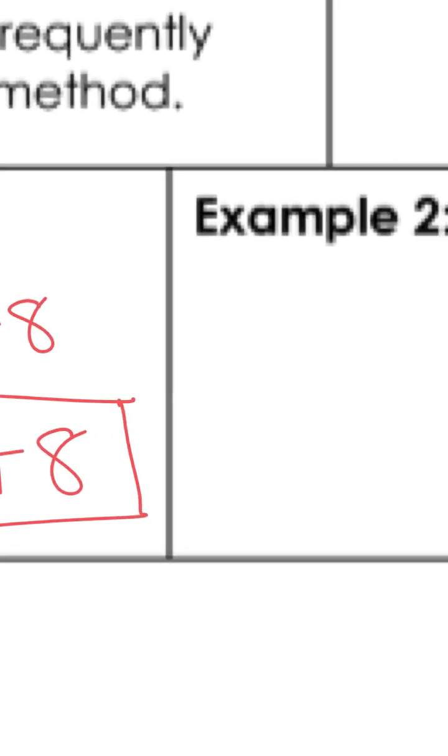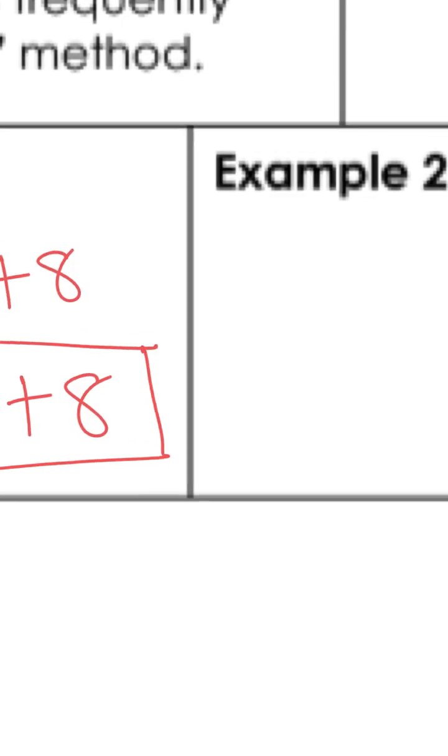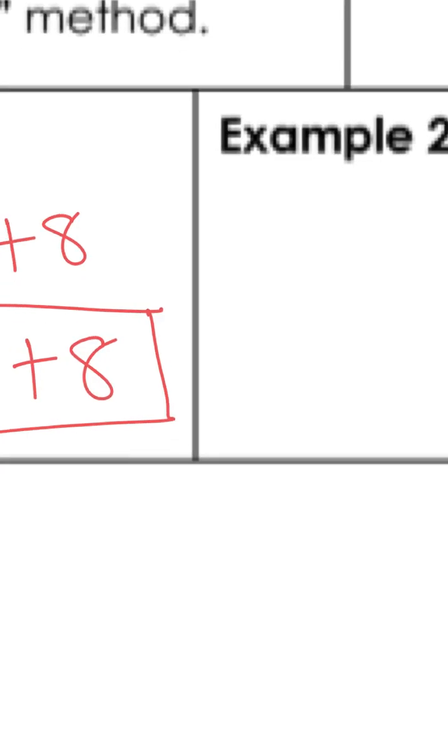All right, example 2. Is this a binomial? Right. Although this term right here has a 2x, it's not by itself, and there's still only two terms. One term, two terms. Now let's go through this and put our exponents.